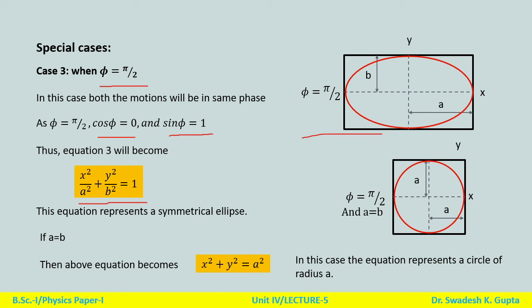Now if we put a and b equal to each other, the equation will simplify to the equation of a circle as shown here.